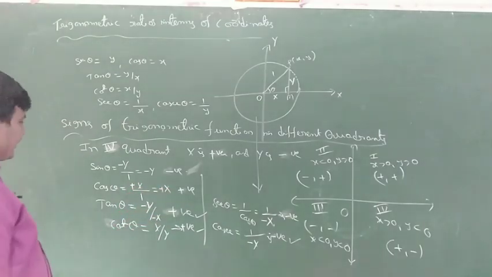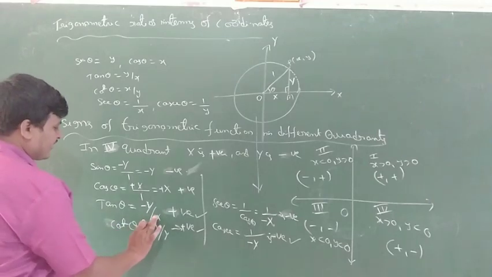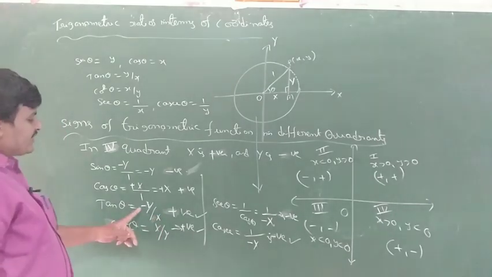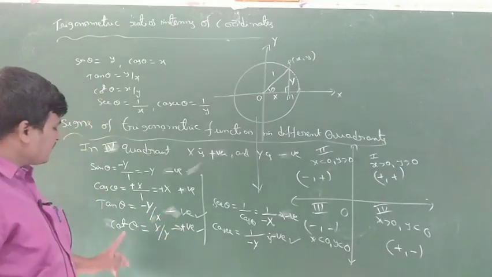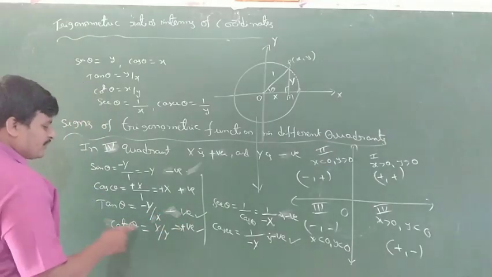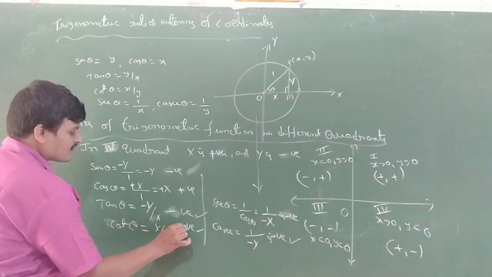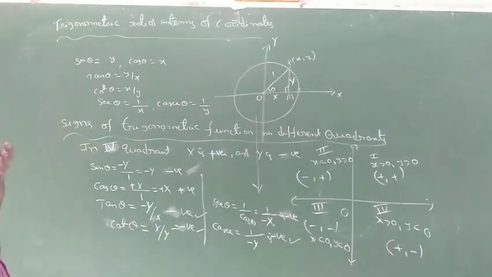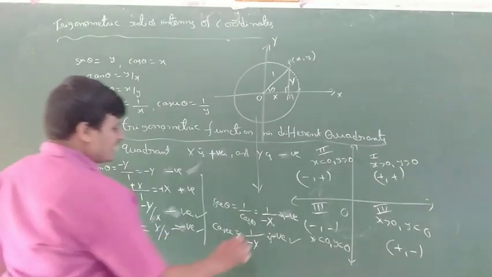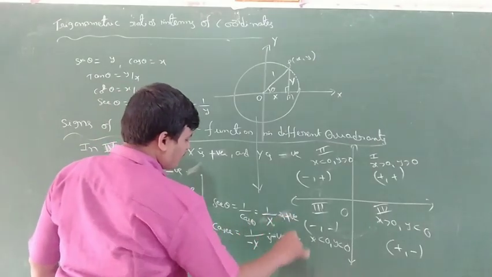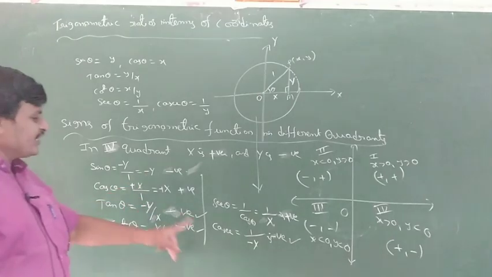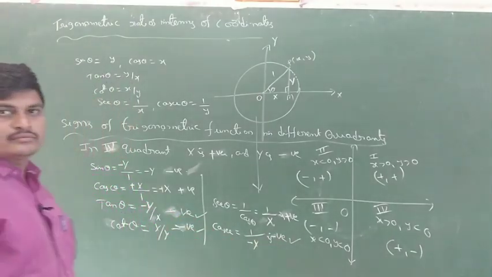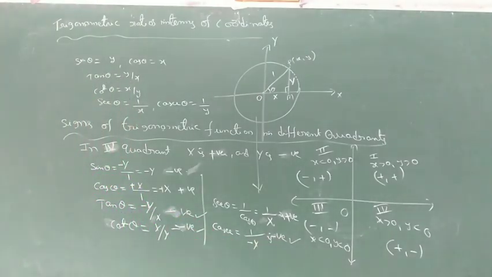Tan theta is negative because tan is equal to sin by cos, minus y by x is negative. Cot theta: tan negative means automatically cot also negative. Secant theta is equal to 1 by cos theta, 1 by plus x is positive. Cosecant theta is equal to 1 by sin theta, sin negative means negative. Clear?